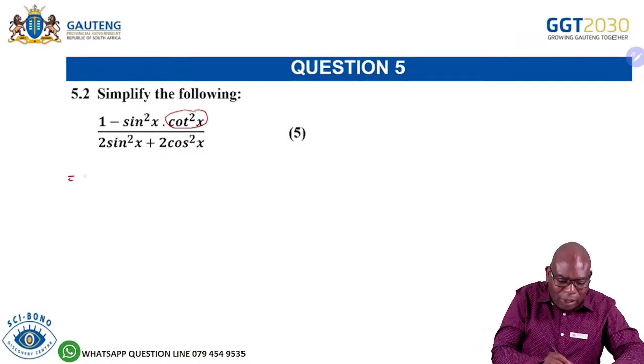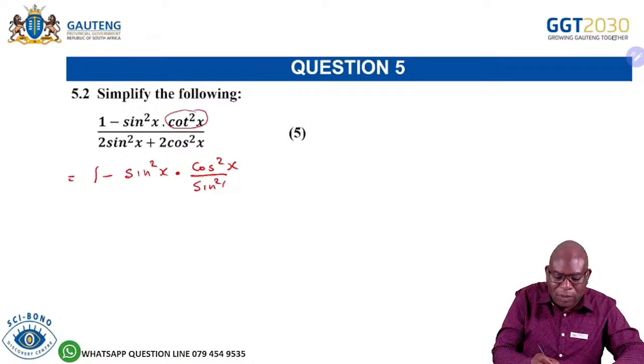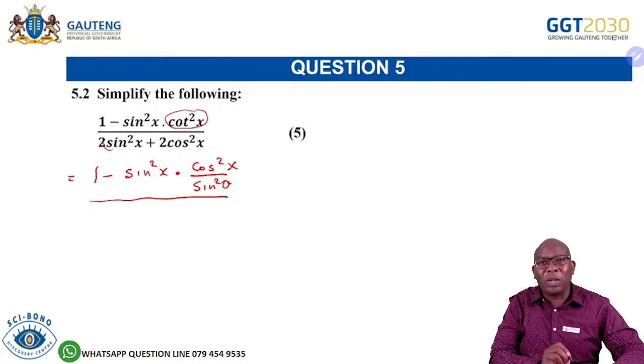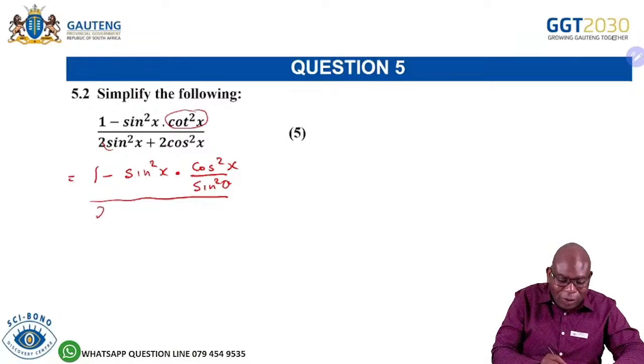So I'm going to have 1 minus sine squared of x multiplied by cos squared of x divided by sine squared of x. Then divided by, what do I see here? Common factor. That 2 on the square, it's not a common factor. Please. So I have a 2. What do I see here? Sine squared x plus cos squared x.